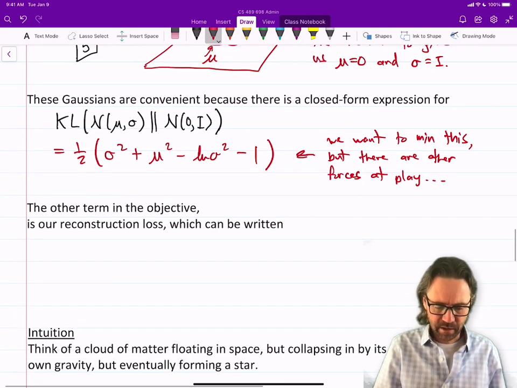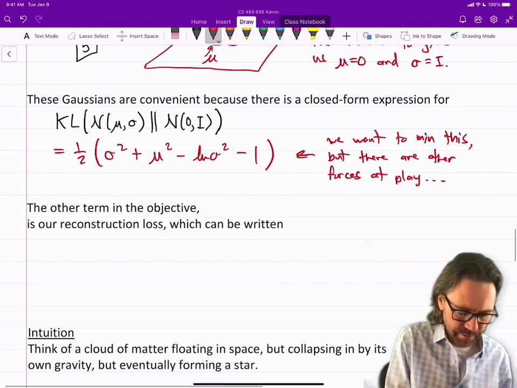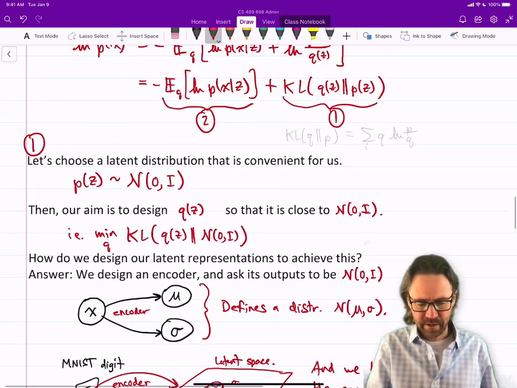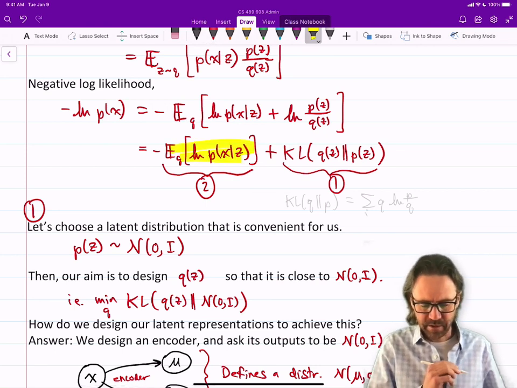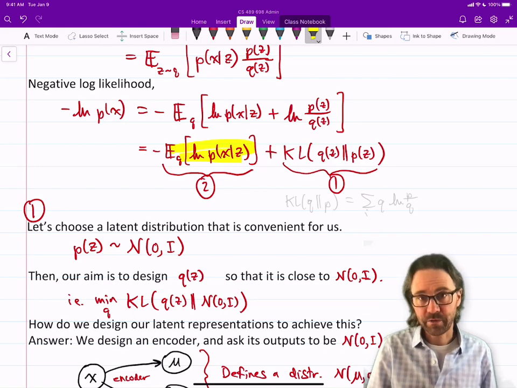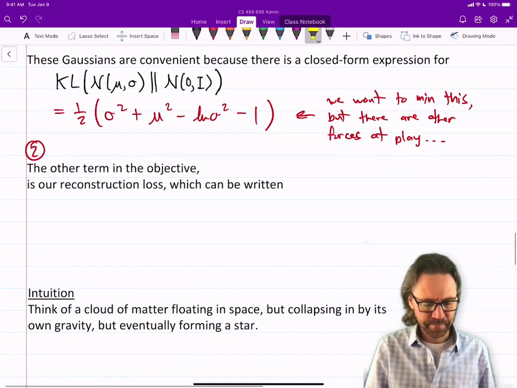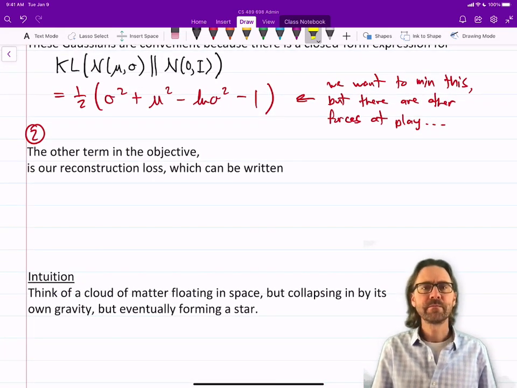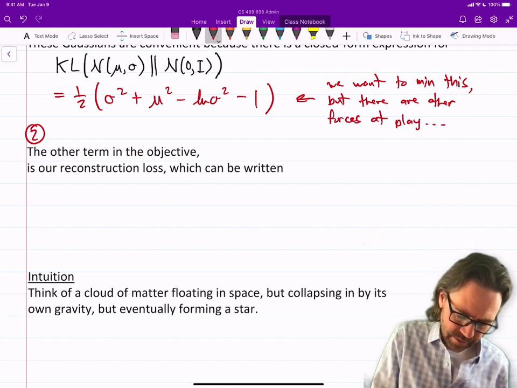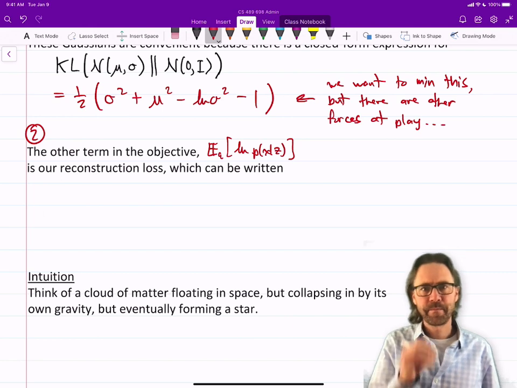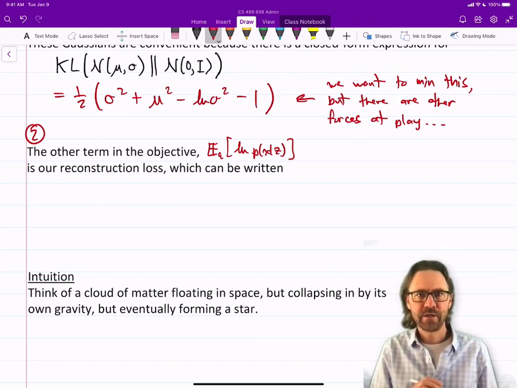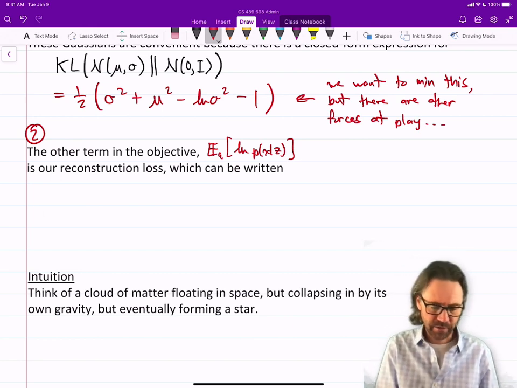So now we get to term 2, the other term that was up here. This one here. Now this is basically the reconstruction loss. The other term in the objective, which is the expected value over Q of log p of x given z, is our reconstruction loss, which we can write.